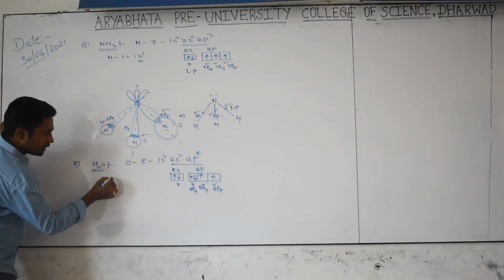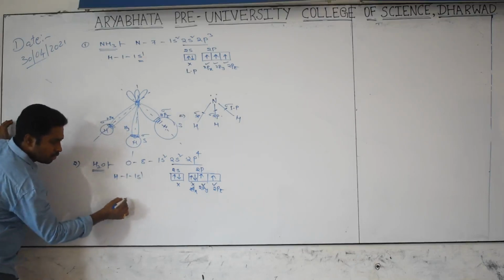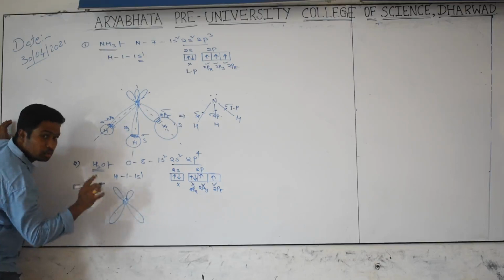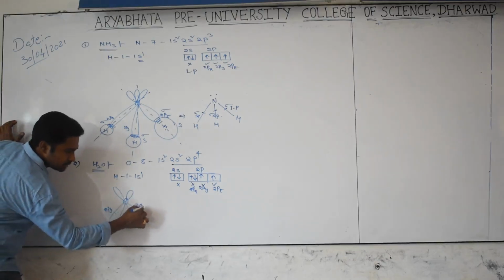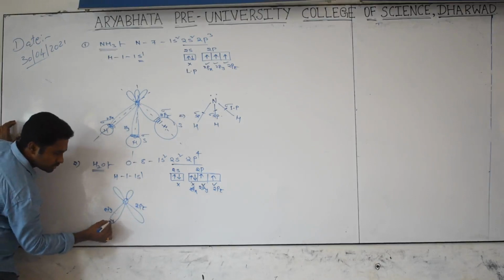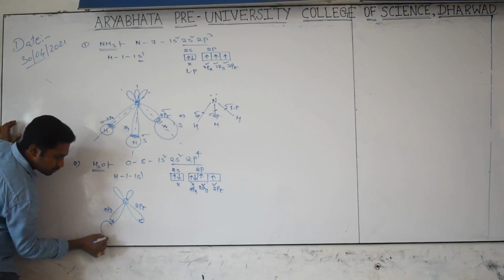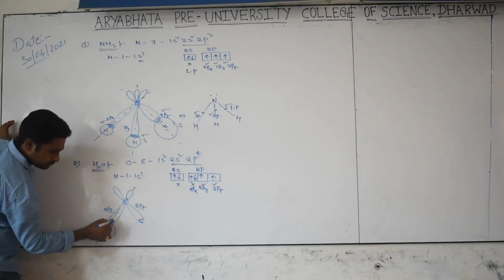Now, combining with which one? Hydrogen, 1 and 1 is 1. Oxygen has how many p orbitals with single electrons? 2 p orbitals, 2py and 2pz. Now it is approached by which one? Hydrogen. How? Through its internuclear axis.